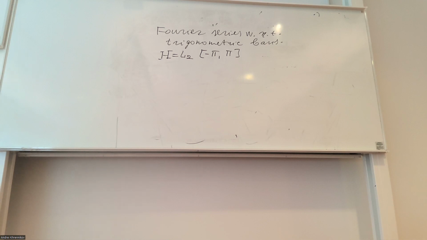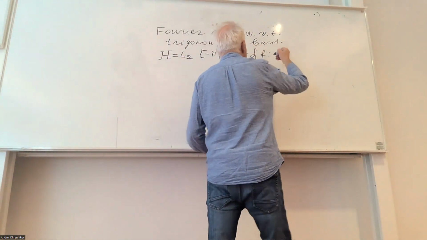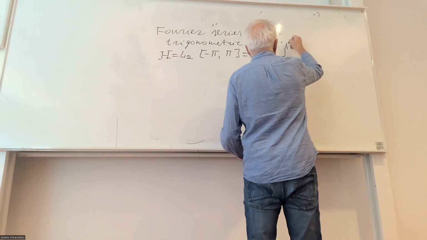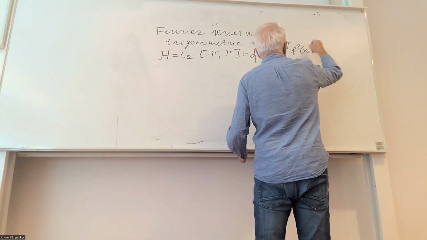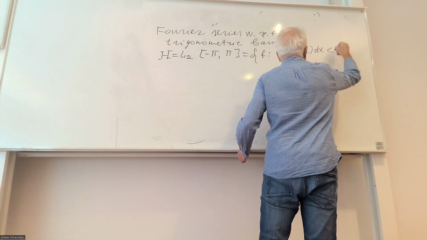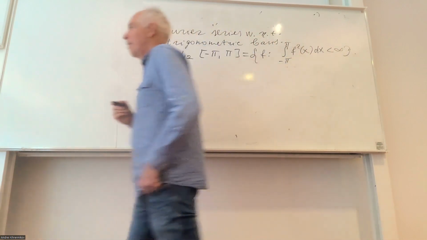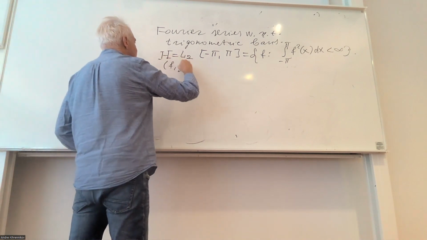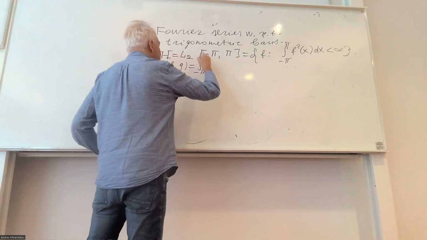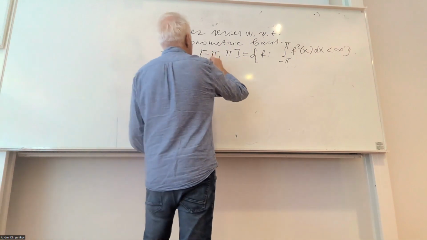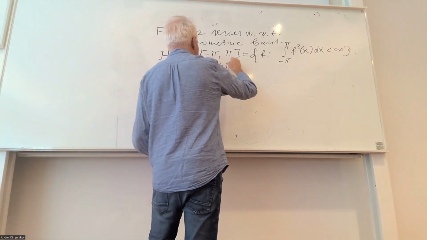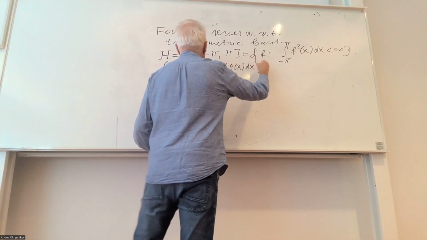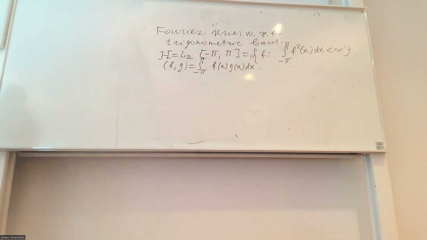So these are functions which are square integrable on this segment. So the scalar product of f and g is equal to the integral from minus pi to pi of f(x) g(x) dx. This is the scalar product on our space.